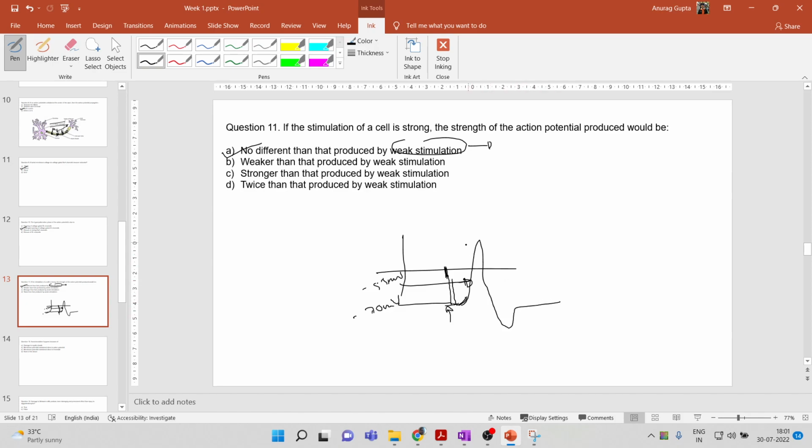And the action potential that is generated is always the same for that particular type of cell. So it's an all or none response, and the response is always the same. This is an important property of the action potential that you should remember.